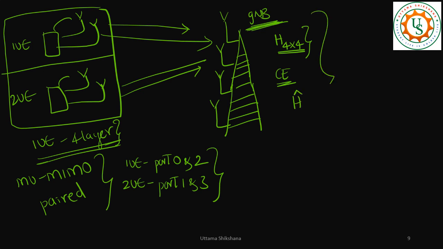Once channel estimation is done, we will do MMSE IRC in one shot for both the UVs, in which case we would have a 4 cross 4 matrix inversion.